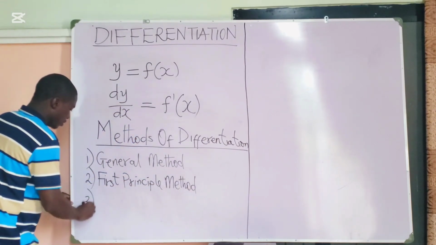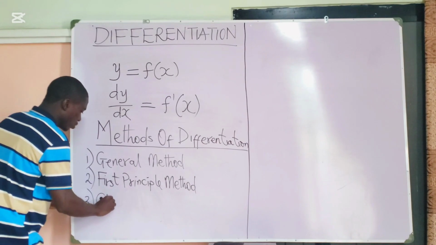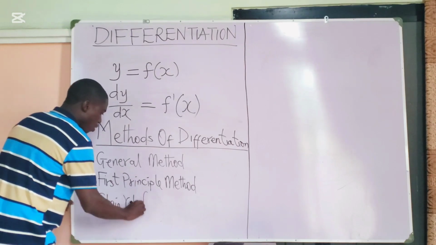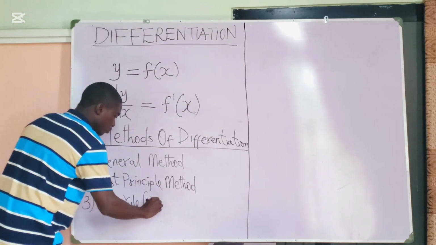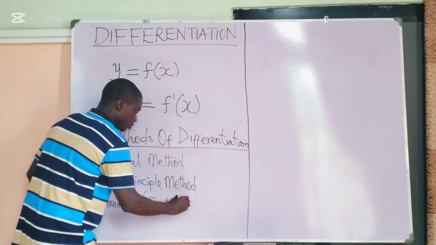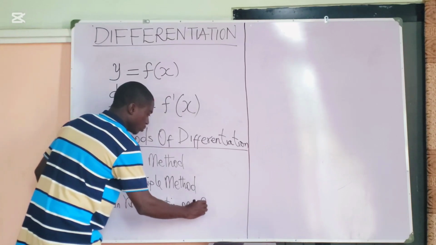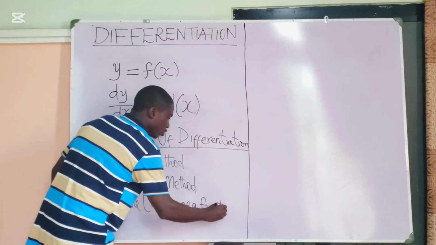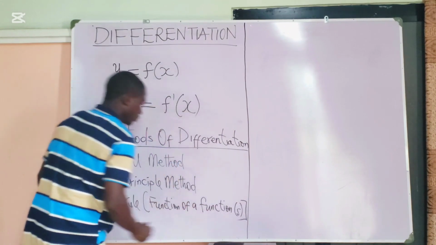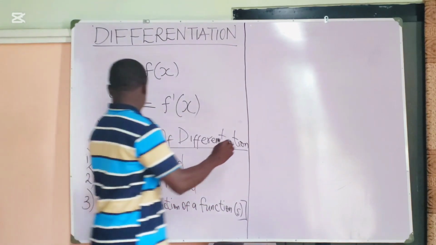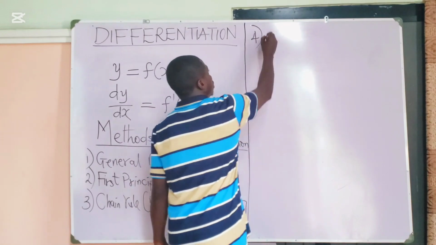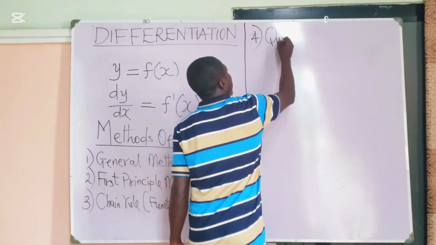We also have the chain rule, or function of a function, or function of different functions. Number 4, we have the quotient rule.